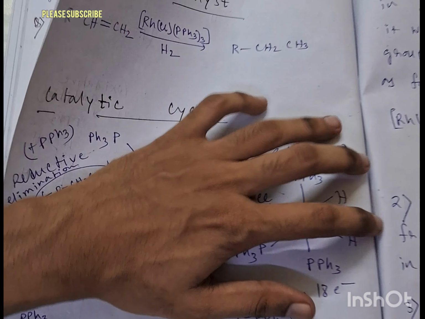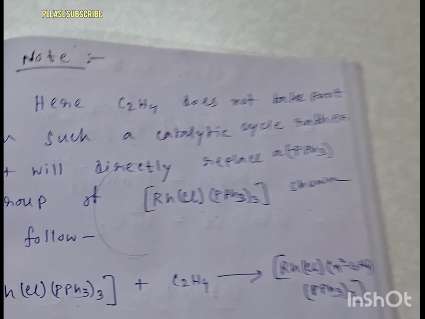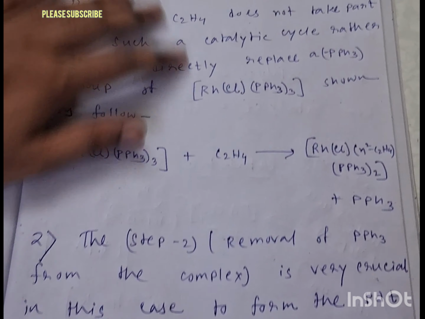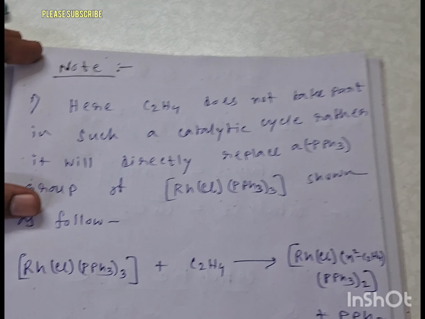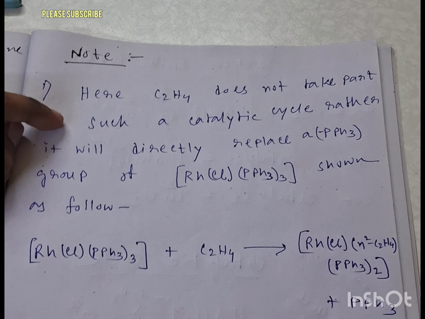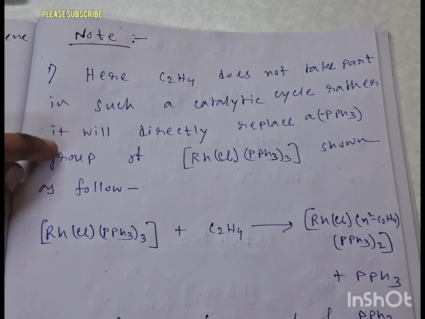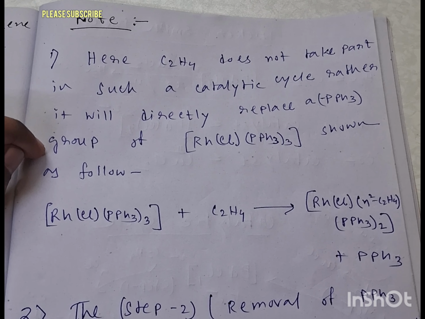So here are several important points I should also mention. First of all, one important point is that ethylene does not take part in such a catalytic cycle, rather it will directly replace the triphenyl phosphine group.